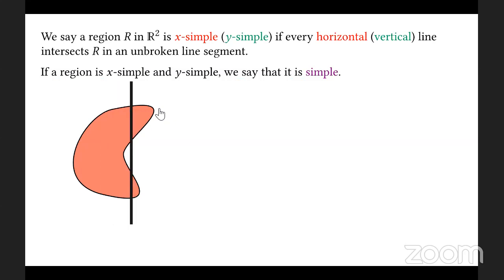But then over here, it's intersecting the region in these broken line segments, right? So this thing is x simple. It's not y simple. Oh, I need to switch the slide. Right, x simple, not y simple.